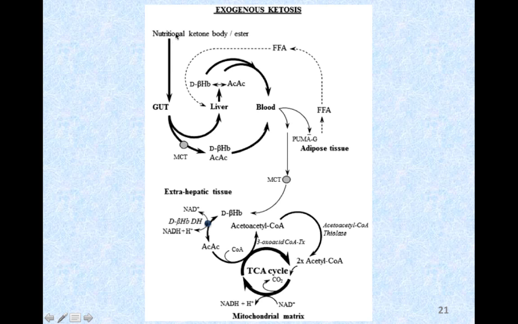Now, some of those ketones are actually going to go from the gut through the liver, and in the liver they're going to be converted, but then it's basically the same because they're going to go into the blood from that point. Now, some of these ketone bodies actually interact with this. This is a receptor that's the nicotinic acid receptor, a form of vitamin B, right? This receptor actually inhibits lipolysis.